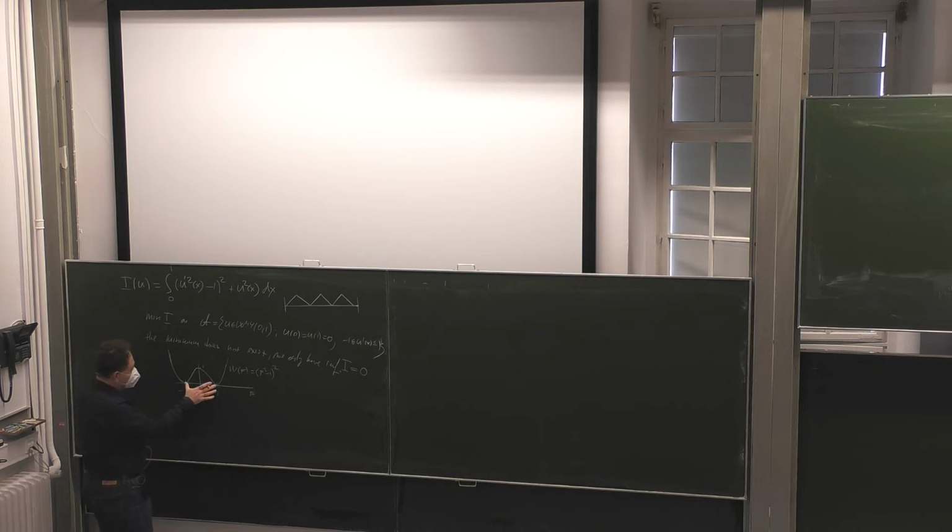The non-convexity appears only here. I cannot do anything else, because if I'm positive here, I would create non-convexity again. So then I take this red piece.